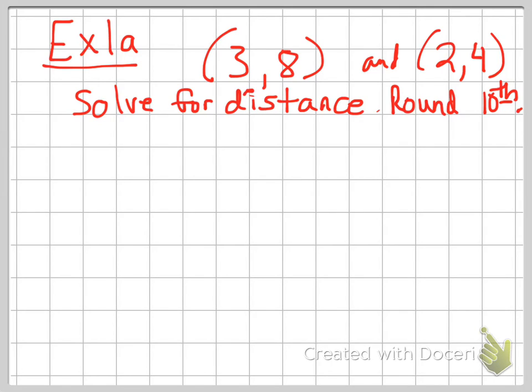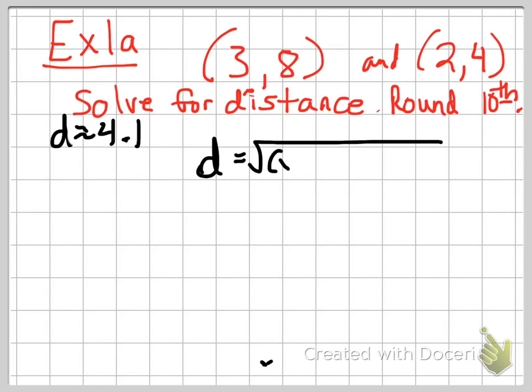Alright, so for this problem you should have found that your distance is approximately 4.1. You should have plugged it in: distance equals the square root of (x2 minus x1) squared plus (y2 minus y1) squared.